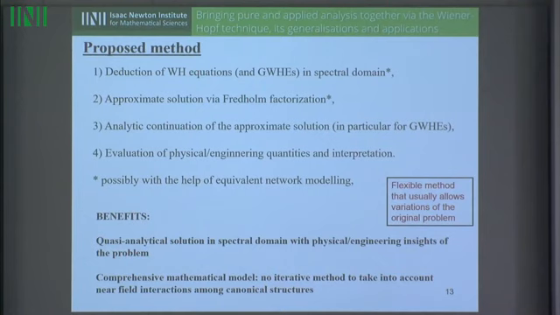Then after that we usually do asymptotics to get physical engineering parameters like total fields, geometric optic fields, diffraction fields, and so on. Here is an asterisk there, possibly with the help of equivalent network modeling.